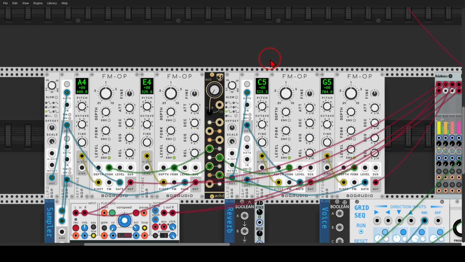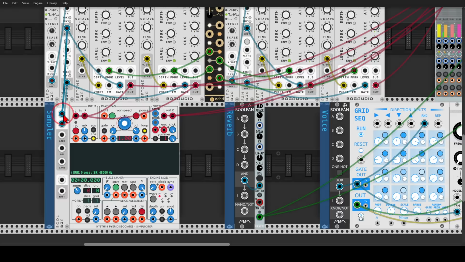Now we can use the first 2 triggers, so the first 2 sample and holds, to generate a third trigger. So here I have the same logic module we saw before from Bog Audio, and we will use the AND output to trigger the recording of Simpliciter.